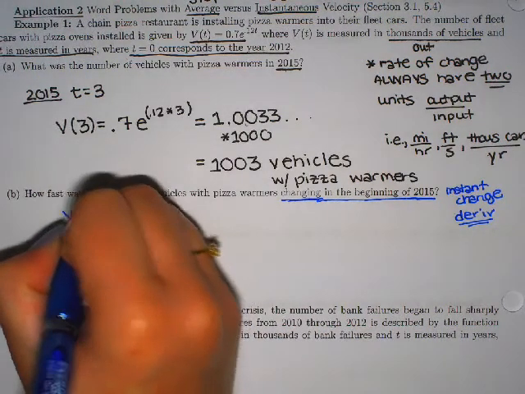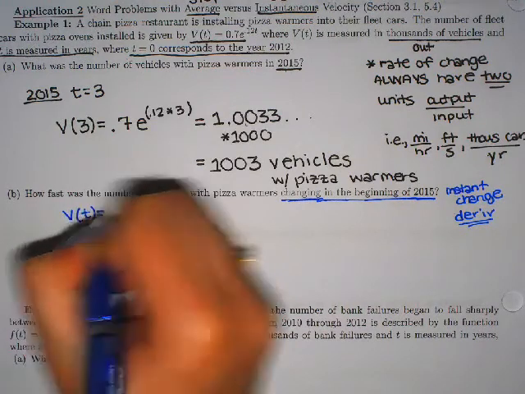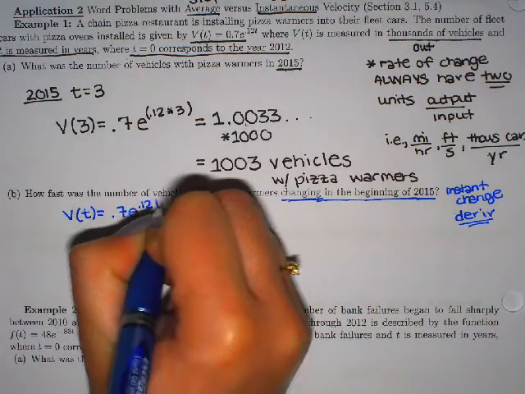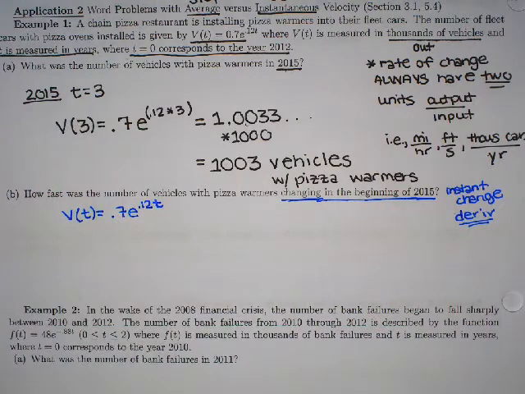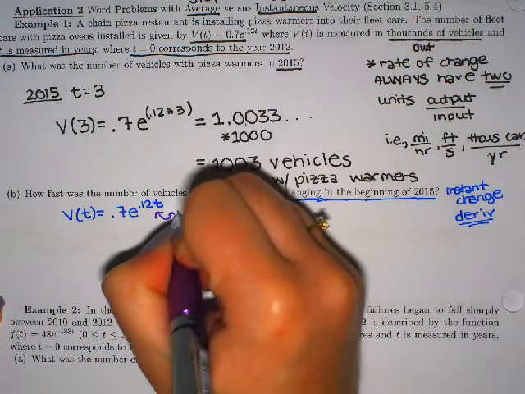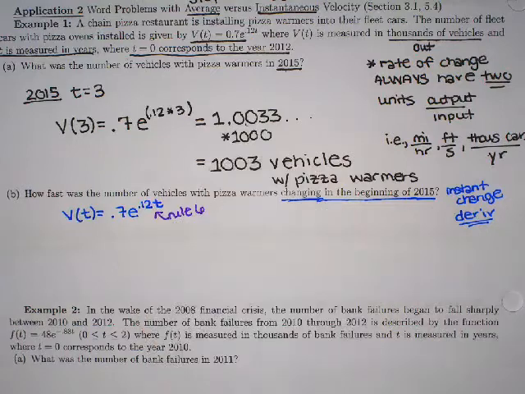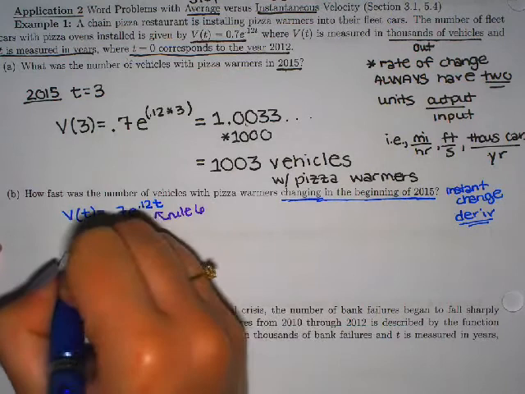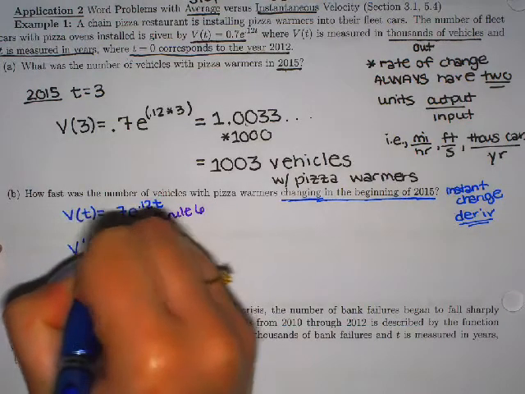So let's copy down that function again. v of t, my original function, is 0.7 e to the 0.12t. This is one of our harder basic derivative rules. This is rule 6, always popping up. It comes up a lot in real life. It means I'm going to take the derivative of the power times e to the original power.